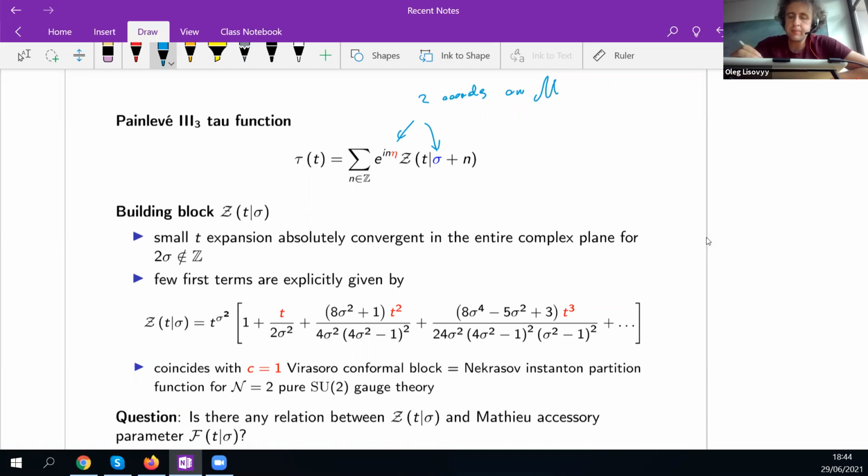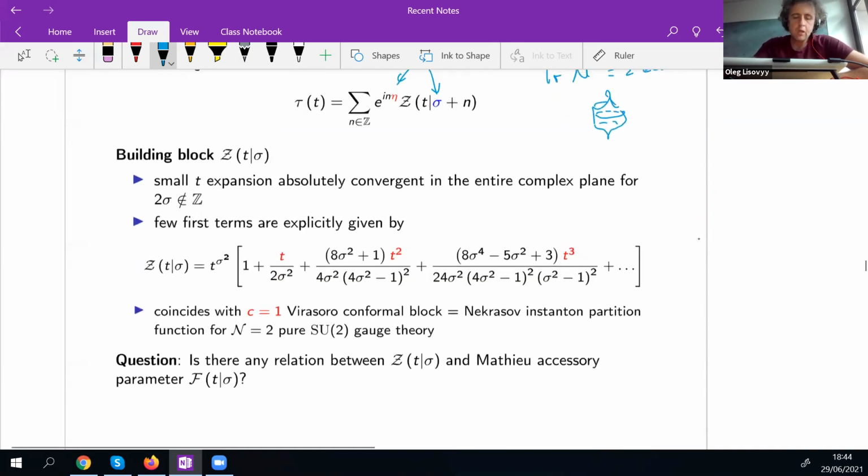Sigma expectedly is the trace of monodromy in the intermediate channel, it is the trace of monodromy along the circle. And eta is a kind of dual coordinate, it's Darboux conjugate to sigma with respect to the natural Poisson bracket on M.